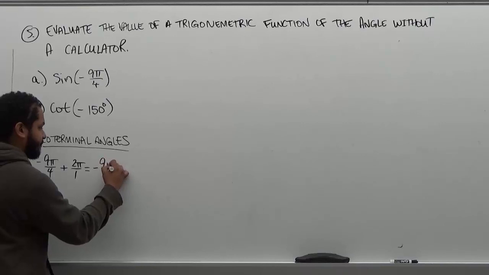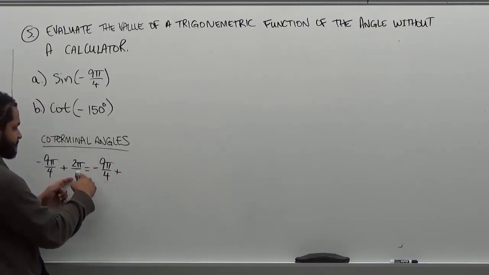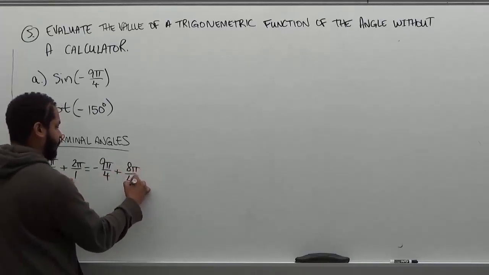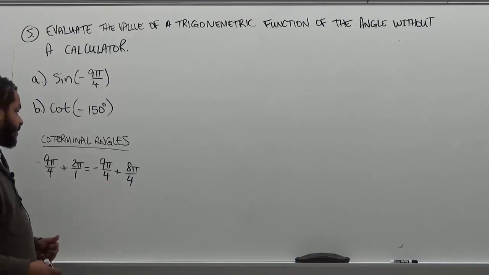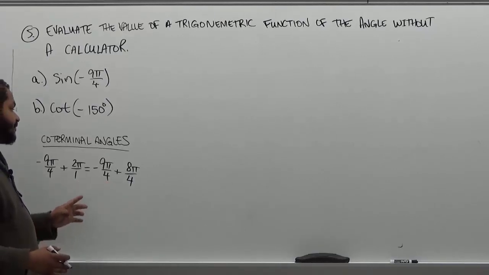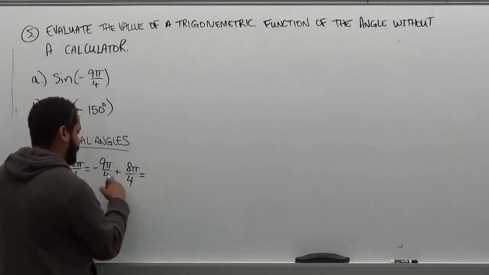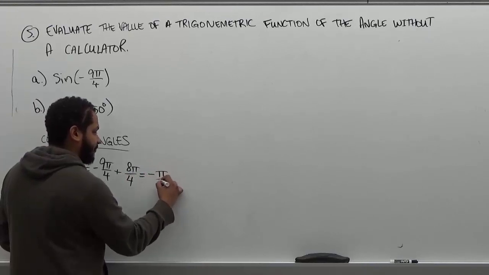We get negative 9 pi over 4 plus, and if we multiply this by 4 on top and bottom, we're going to get 8 pi over 4, which makes a common denominator between the two fractions. Now the only problem we're going to have here is when we add these two, it's still going to be negative. So here when we add negative 9 pi plus 8 pi, we have negative pi over 4.